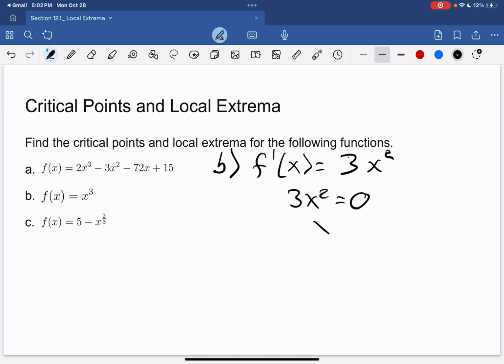The only value that I could plug in that would make that true would have to be x is 0. So that 0 is my only critical value. Okay. My critical point occurs when I evaluate the original function when x is 0. So I plug 0 back into x cubed.